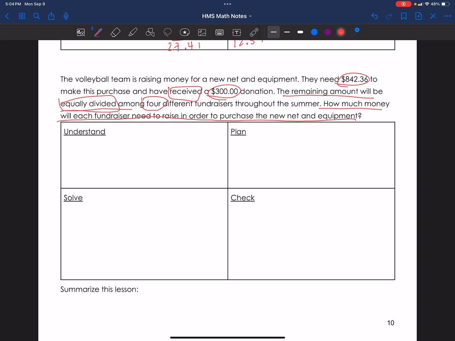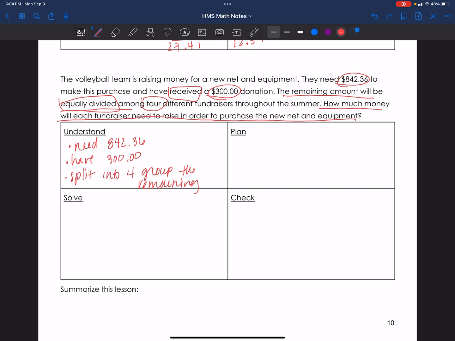All right, we understand that we need 842.36. We have 300. We are going to split equally, splits into 4 groups. The remaining, right? Because that's how much is left over.